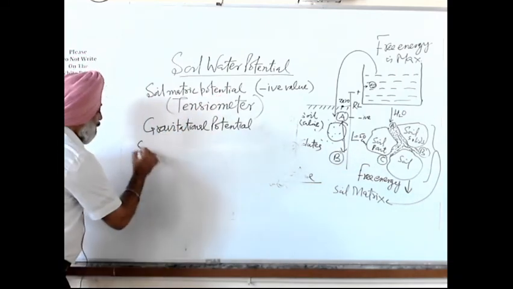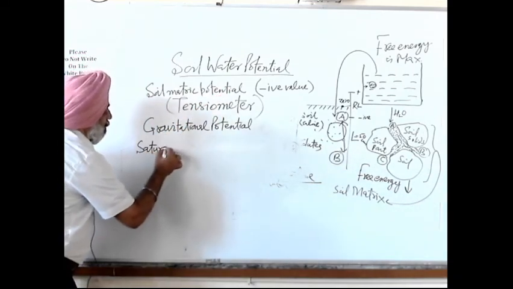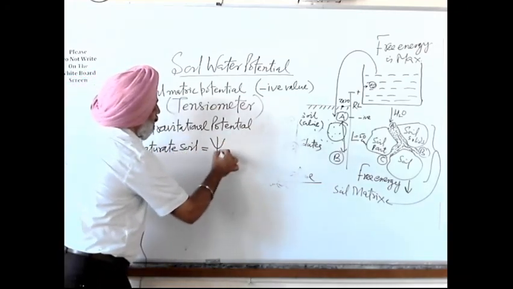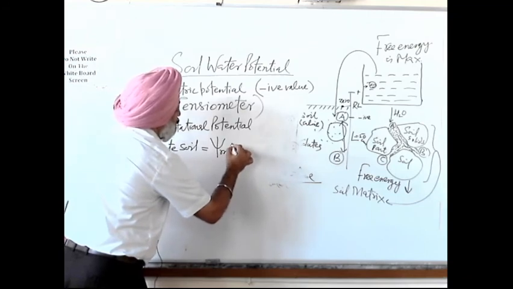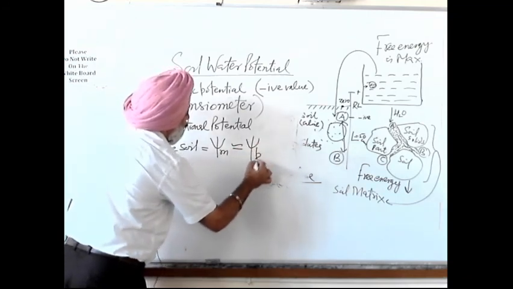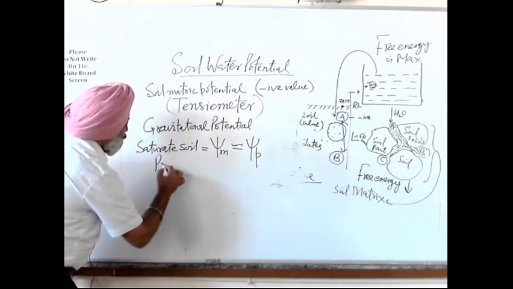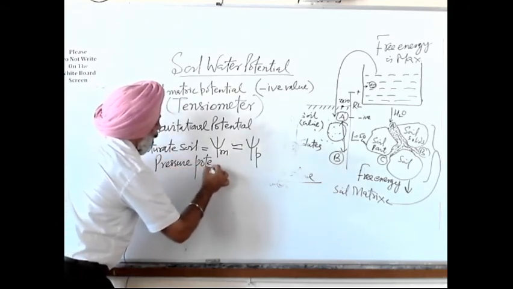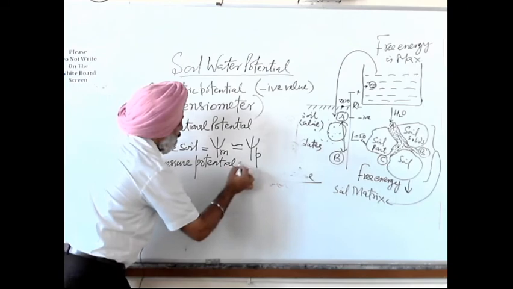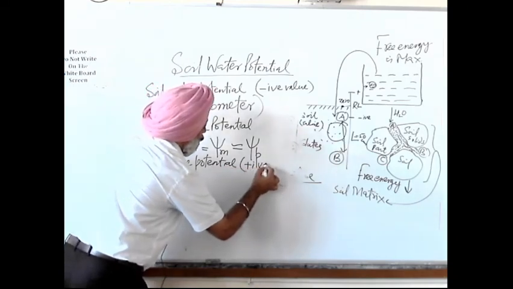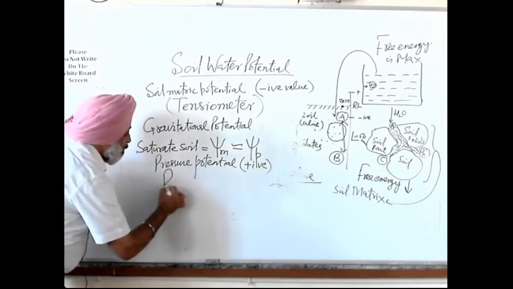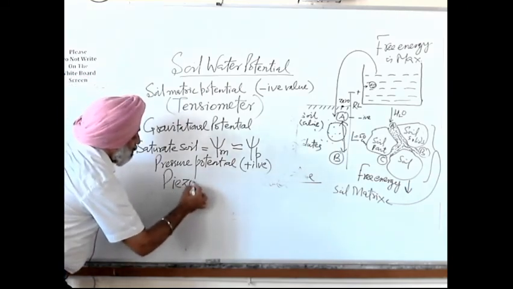Then in a saturated soil, this matric potential becomes equal to pressure potential. We call this pressure potential. And this is always positive. And this is measured by an instrument which is called a piezometer.